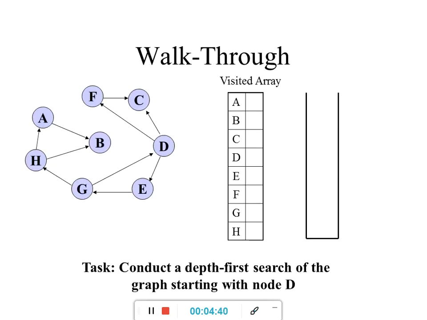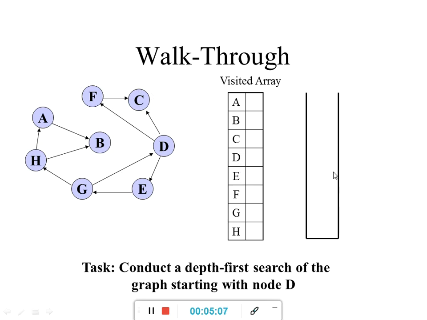So let us take an example. Here this is a graph containing vertices A, B, C, D, E, F, G, H. We have taken a visited array. Here in the visited array we have taken all the vertices in the given graph, and we have to take a stack.